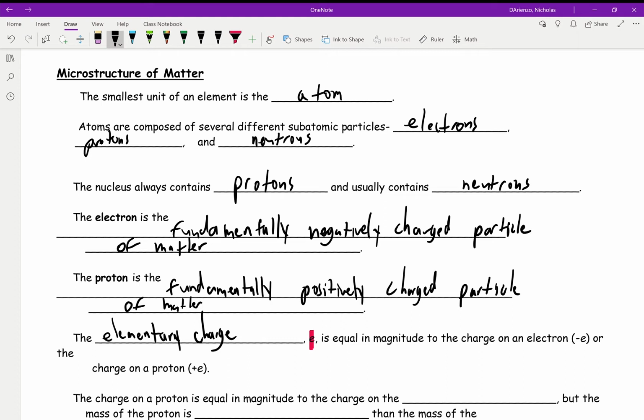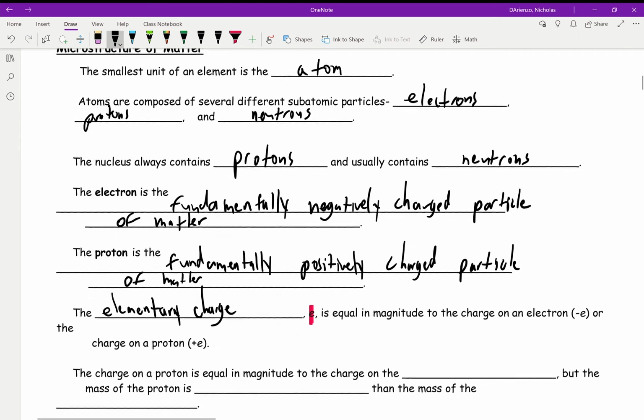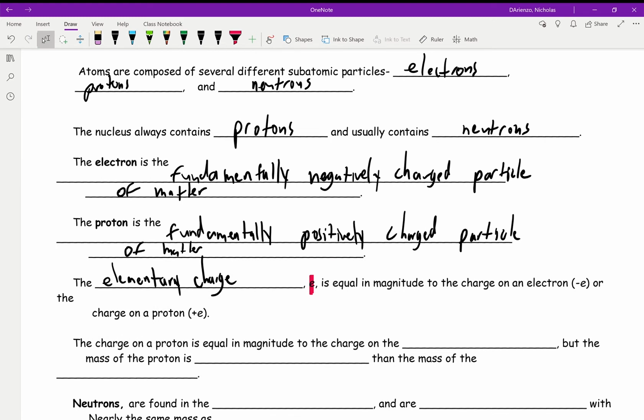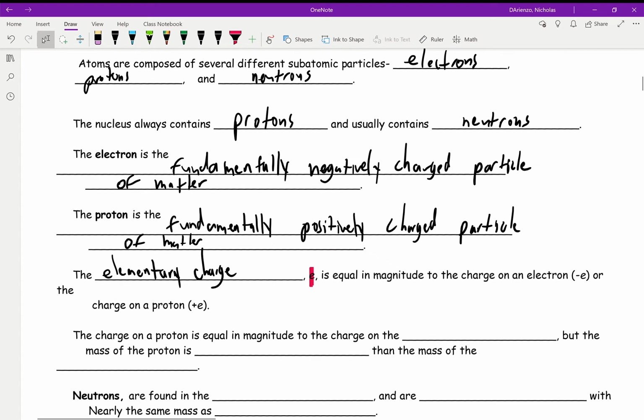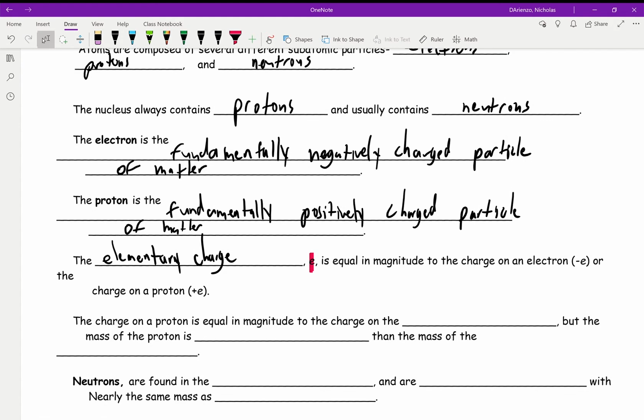And it's equal in magnitude to the charge on an electron or the charge on a proton, indicated by a positive e or a negative e. And that's really just giving us a shorter notation to refer to positively and negatively charged particles. But we will be referring to them behind the scenes here as protons and electrons, because that's actually what they are. The elementary charge just allows us to use a single variable with positive and negative to refer to protons and electrons.